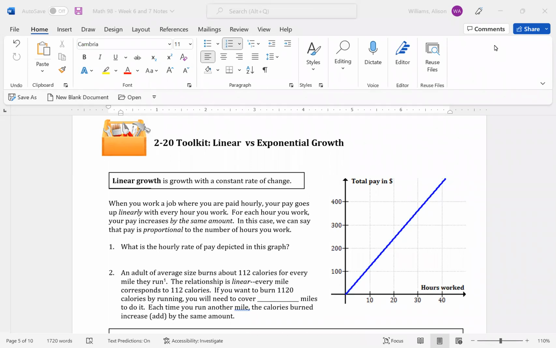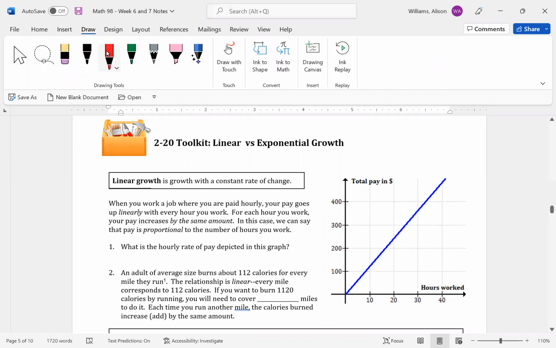So in this graph, they want to know what the hourly rate is. When I first look at it, I notice that at 10 hours, it's above 100, which isn't as useful to me. At 20 hours, it maybe looks like it's halfway, maybe 250.